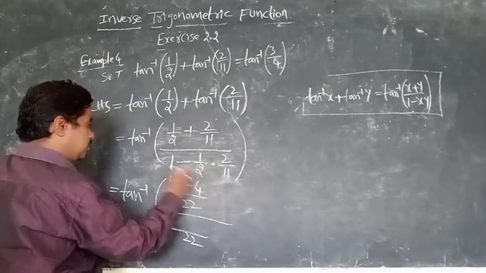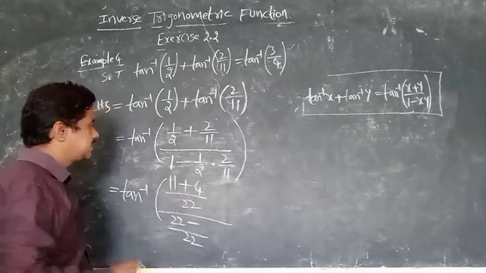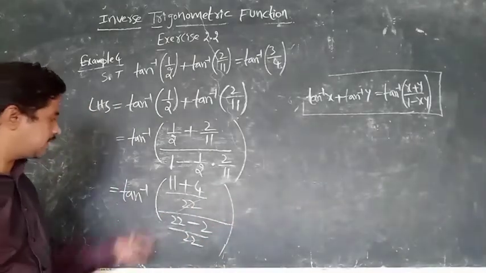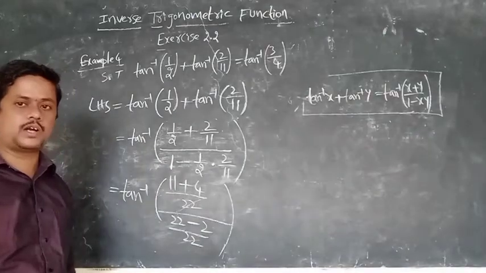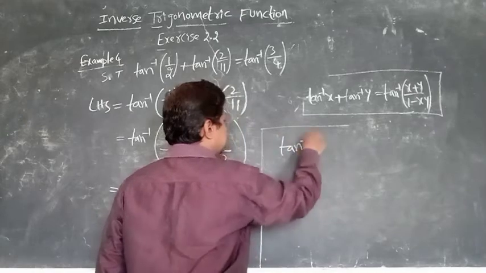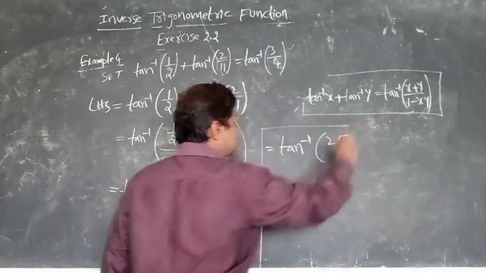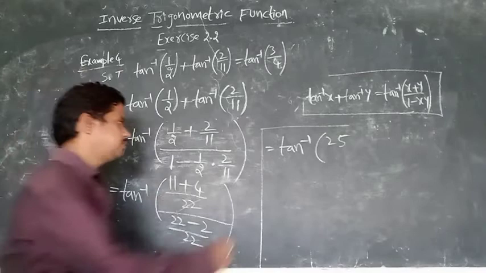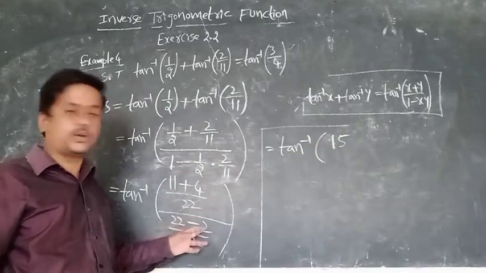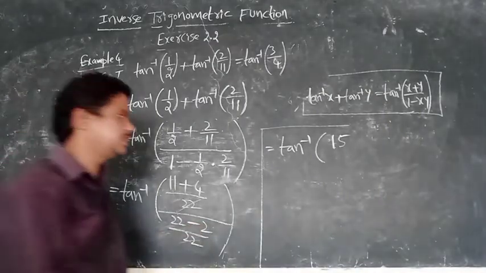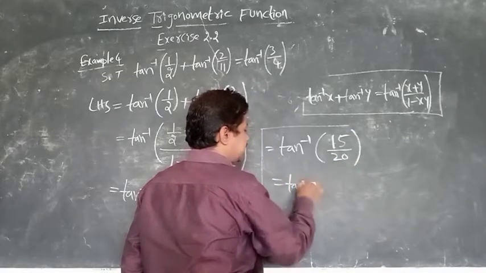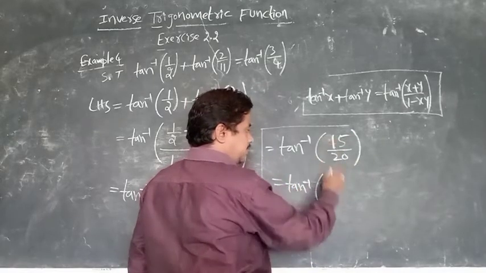And 22 minus 2, the 22 cancels. 11 plus 4 is 15, divided by 20, since 22 minus 2 is 20. So tan inverse of 15 by 20, which is 3 by 4.